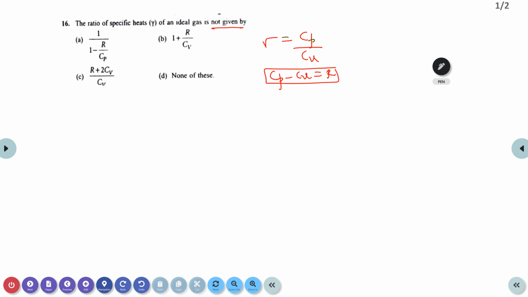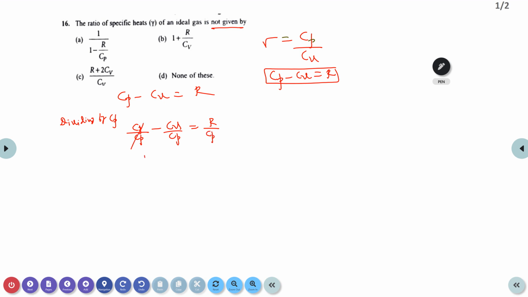First, dividing by Cp. Sorry, I made a mistake. Cp minus Cv equals R. Dividing by Cp on both sides, what you will get? Cp by Cp minus Cv by Cp equals R divided by Cp.